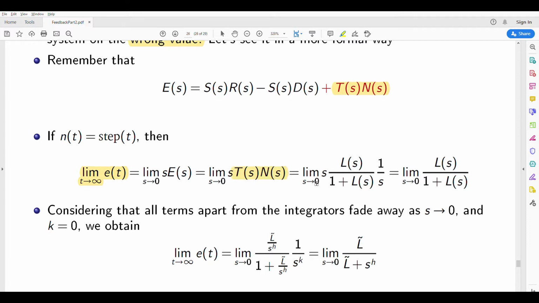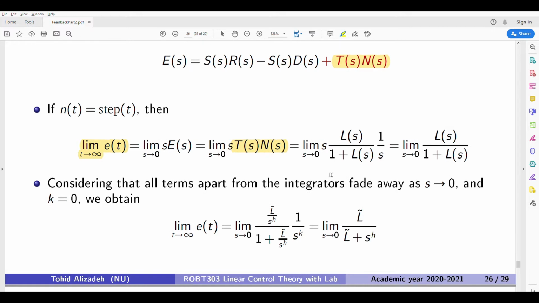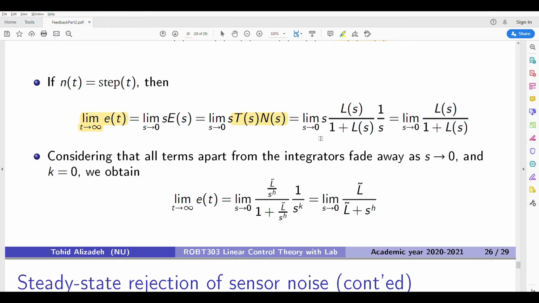And then if we continue to simplify this limit, we will end up with limit of s going towards 0, L(s) over 1 plus L(s). This will be the steady state error for us in the case of analyzing the sensor noise. And then for L(s) we consider the same assumptions that we had, meaning that all the terms will disappear apart from the integrators.